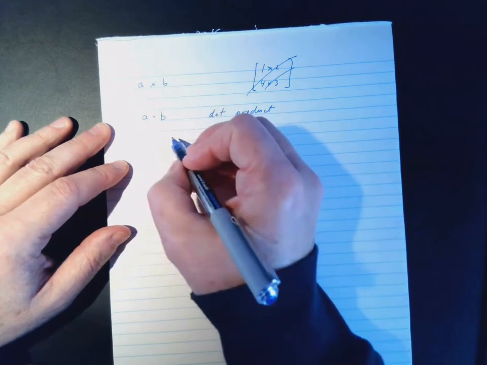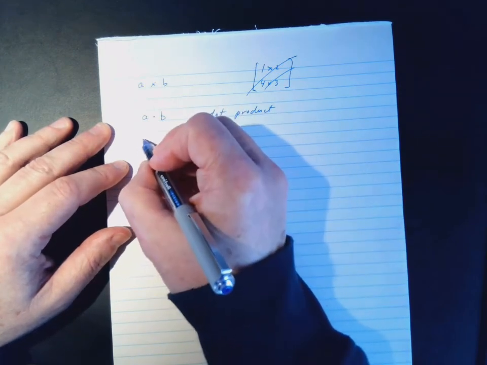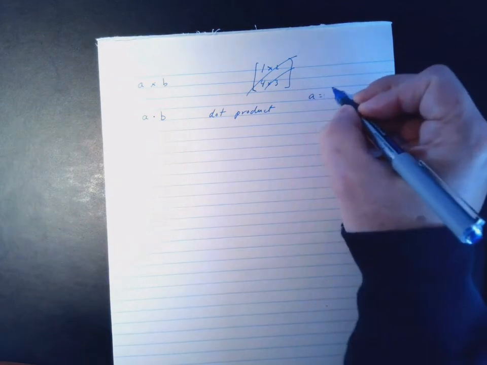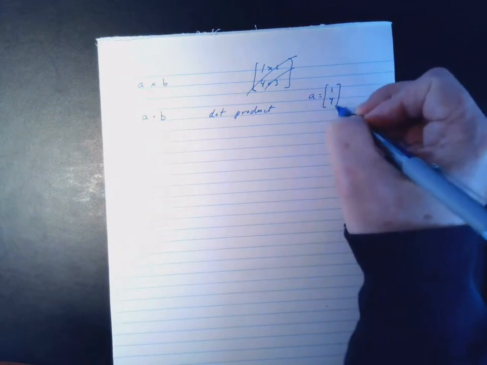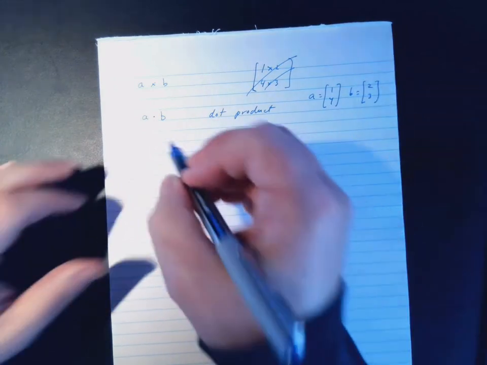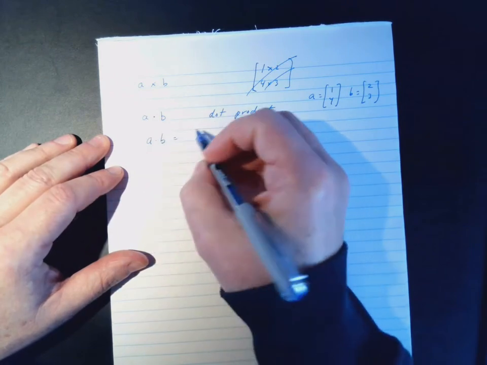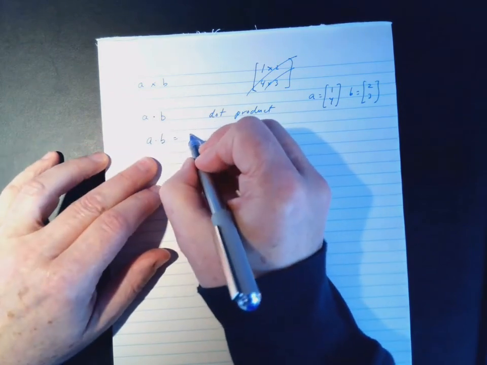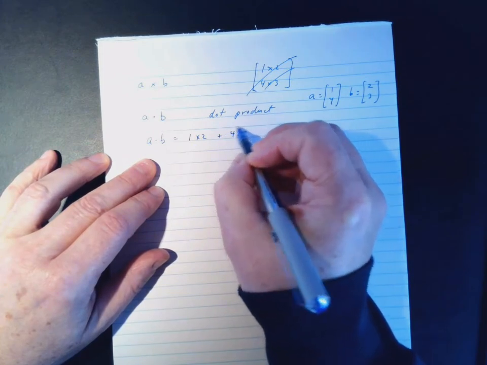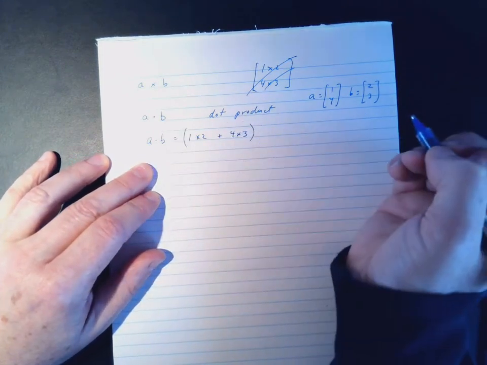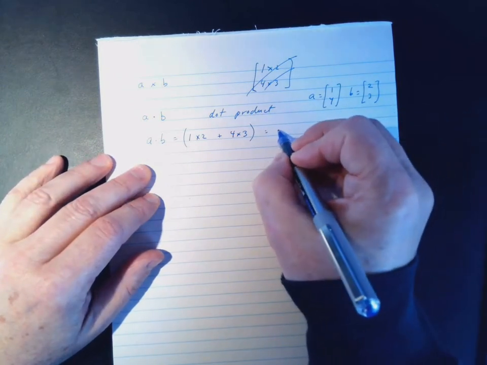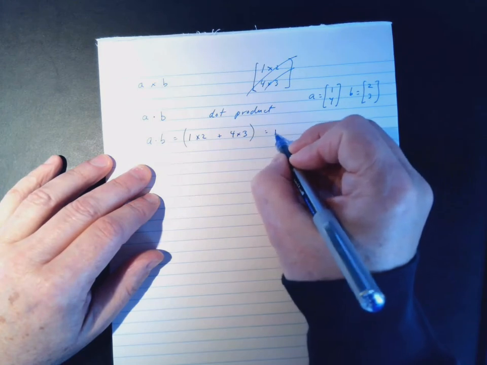So if we have examples before, A equals 1, 4, and B equals 2, 3, then A dot B equals 1 times 2 plus 4 times 3. Okay, and so then that is 2 plus 12, so that's 14.